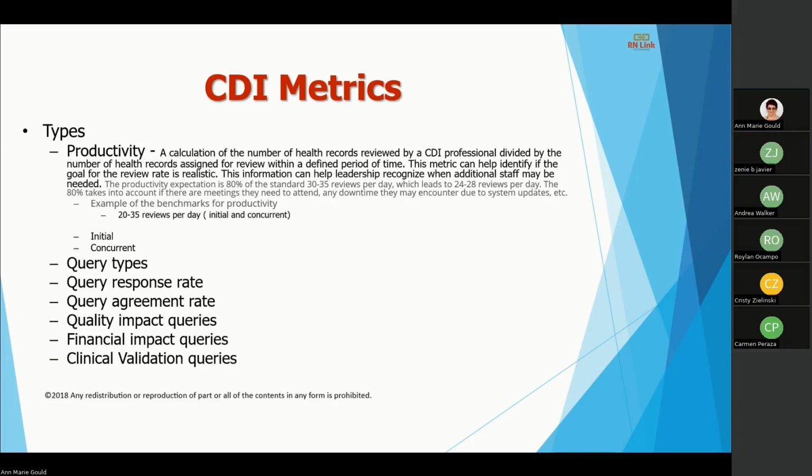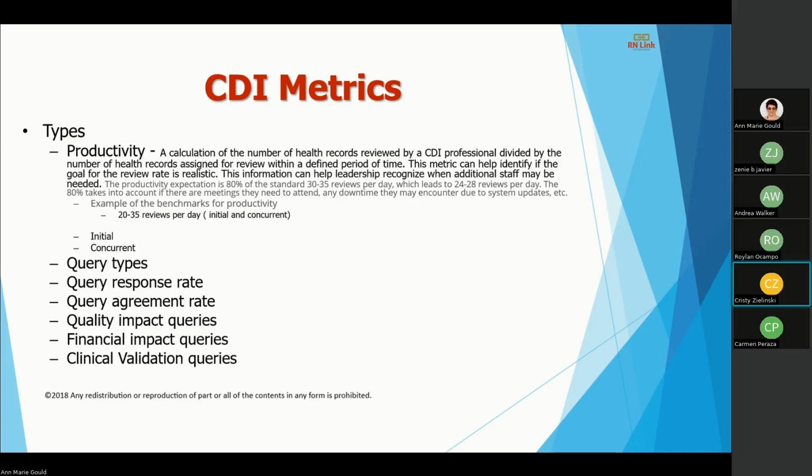And you know that your program is successful if you have the response rate high as well as the agreement rate high. Most of the time, those are the two benchmarks they look at to see how successful your program is. If the doctor responds to your query, you have engagement with the doctor.